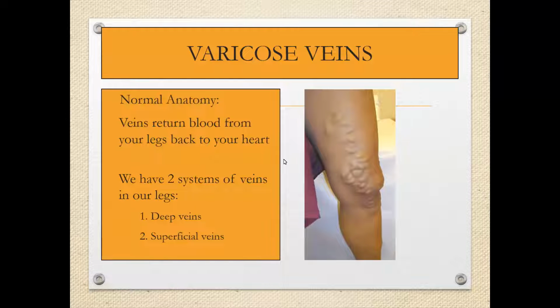So normal anatomy, our veins, as most people are aware, they collect the blood from your legs, and their job is to bring it back straight from your leg right up into your heart. And the way our legs drain, we all have two systems of veins in our legs. One, we have our deep veins. These are very large veins.